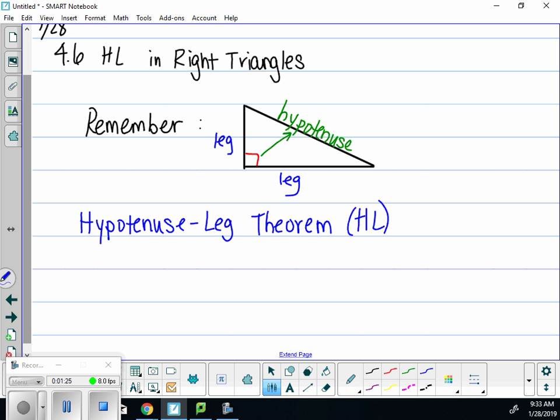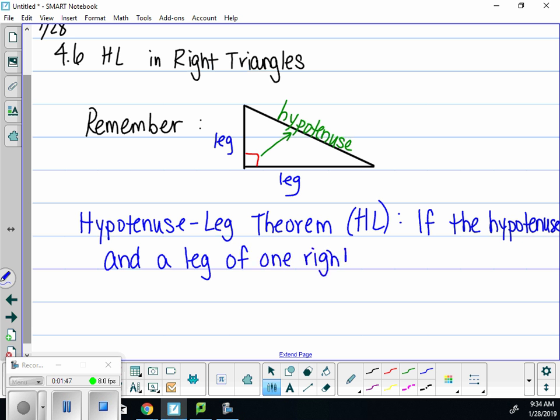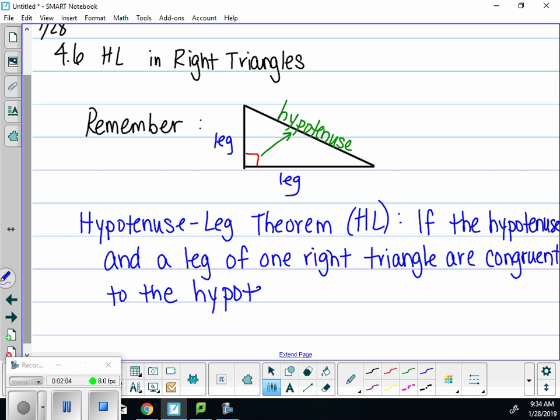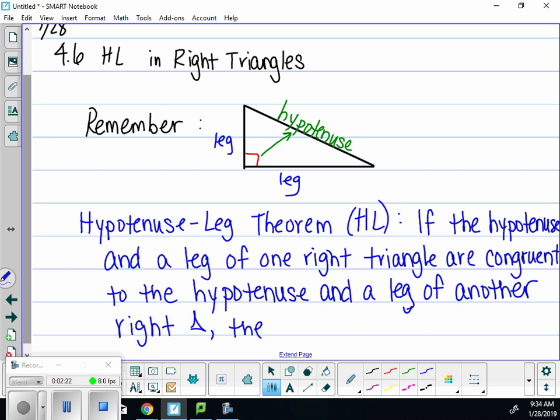And what it says is that if the hypotenuse and a leg of one right triangle are congruent to the hypotenuse and a leg of another right triangle, the triangles are congruent.